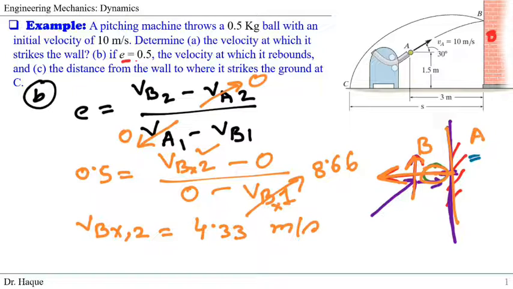What would be the direction this time? Now your ball is coming back, so we're going to say the X component is in this direction. Now we also have to find the Y component, right? Because to get VB2, you also need the Y component. So VBY2, the Y component of the rebound velocity. Since we said that during the collision of the ball with the wall the Y component is undisturbed.